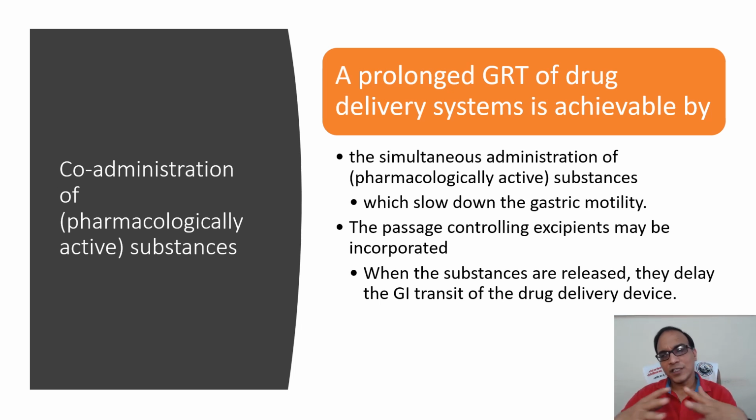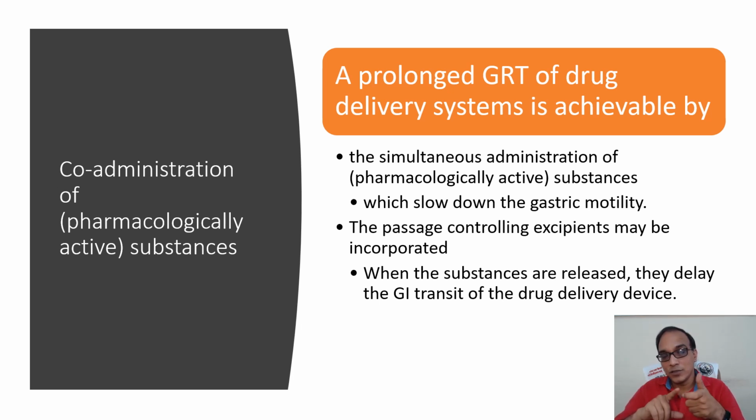Now let's take the first approach, co-administration of pharmacologically active substances. A prolonged GRT of a drug delivery system is achievable by the simultaneous administration of pharmacologically active substances which slow down the gastric motility. You need to give a particular drug along with the main active drug which is slowing down the gastric motility.